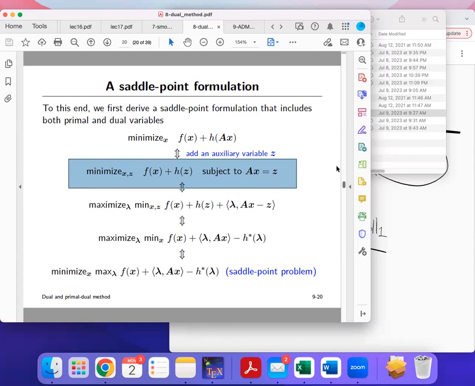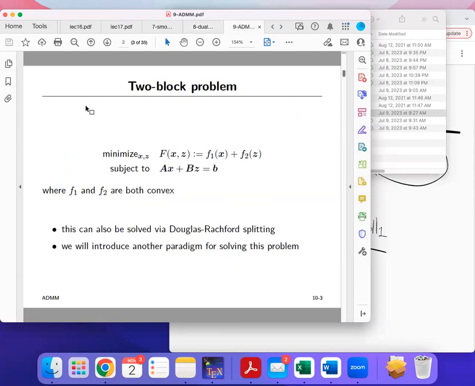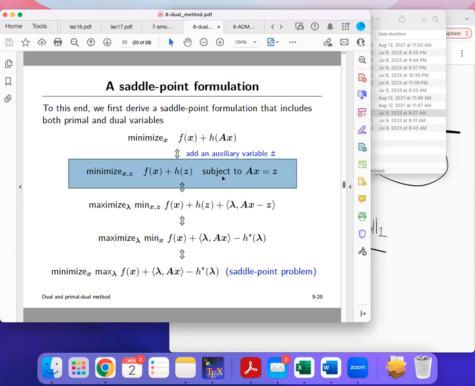In lecture 9, we will be looking at a more general problem: f1(x) plus f2(z). Again, this is similar to the f plus g, but the coupling is more complicated. It's Ax plus Bz equals b. Okay, so it is more general compared to here, where we only have Ax equals z.